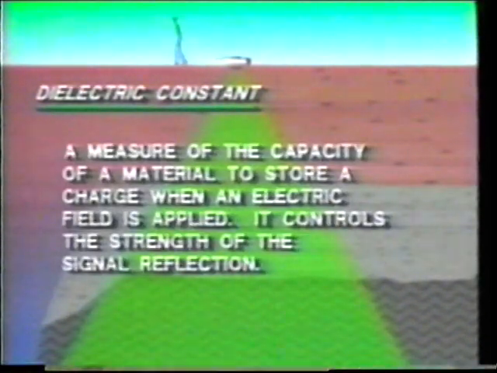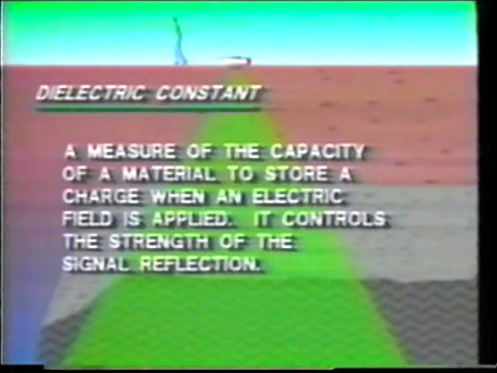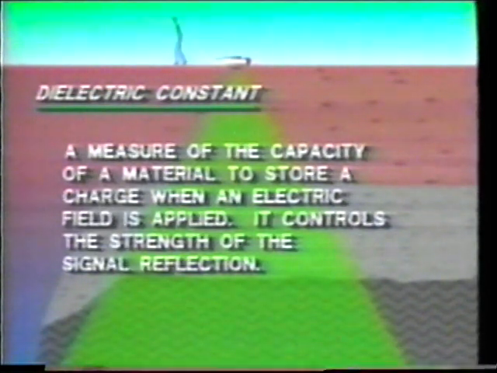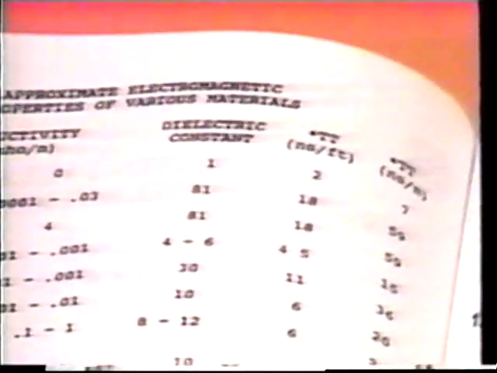This is a measure of the capacity of a material to store a charge when an electric field is applied. Different subsurface materials have different dielectric constants. The value of the dielectric constant ranges between 1 for air and 81 for water.